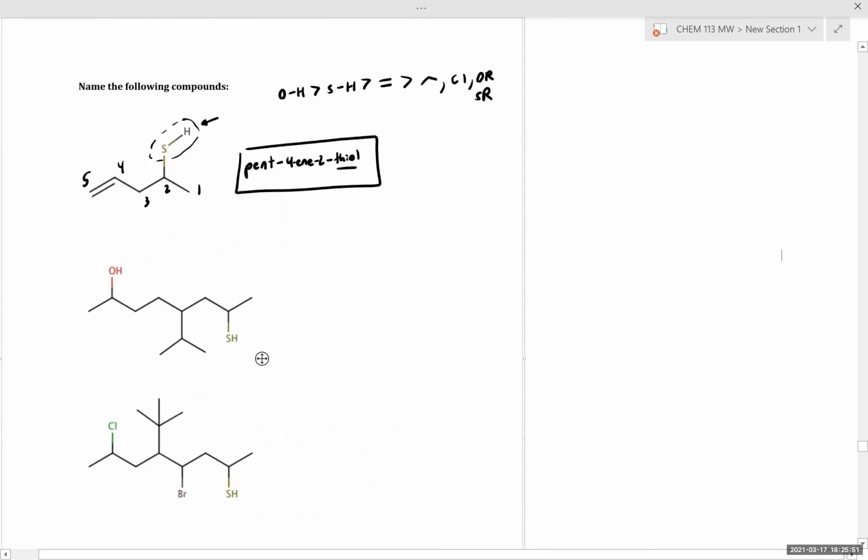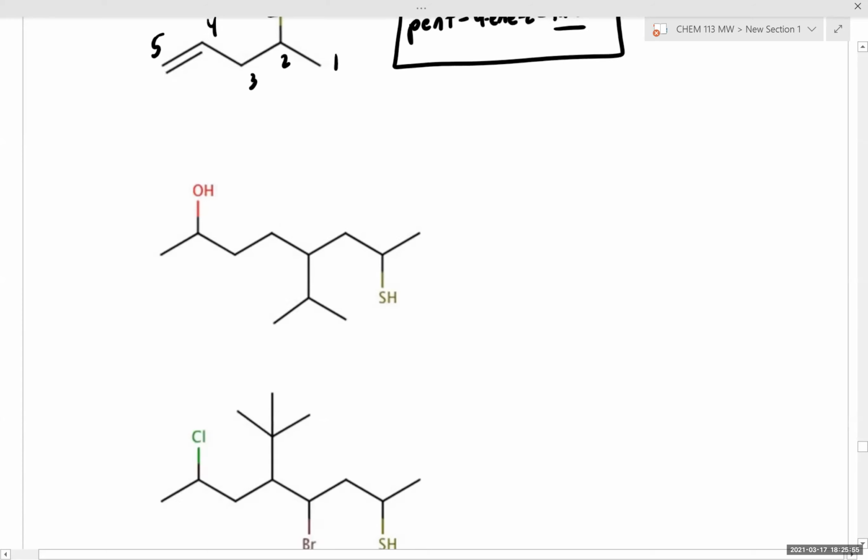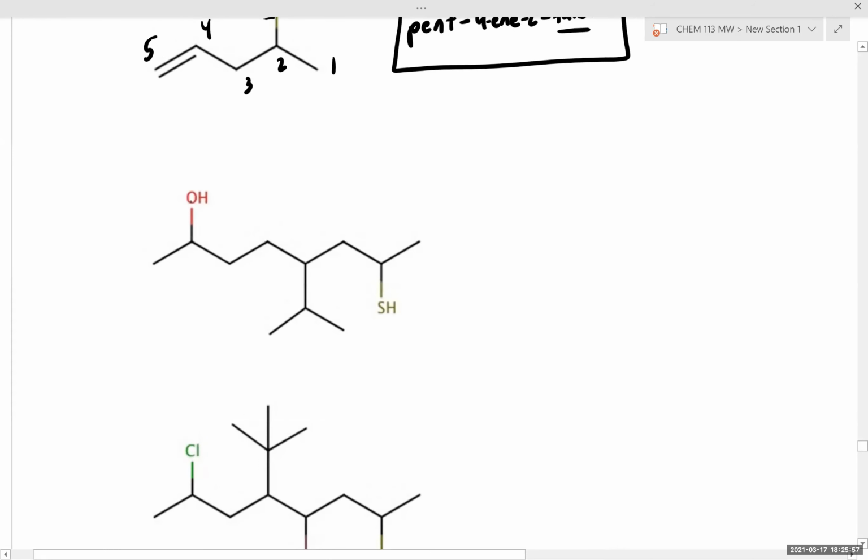Now, don't entirely shelve the idea of using the mercapto prefix, because in this case, we have an alcohol and a thiol, and the alcohol is higher priority. And that's really important because that controls how we number our locant numbers, and that controls whether we name our thiol as the main substituent or whether we name it as a side chain.